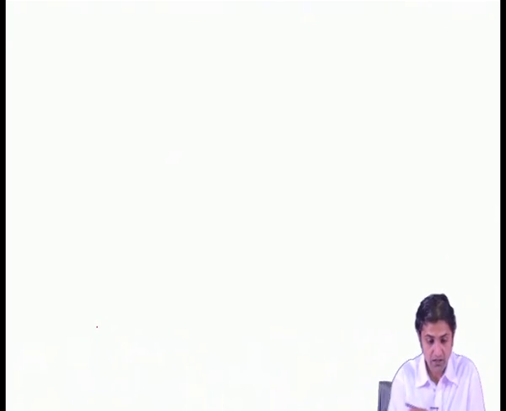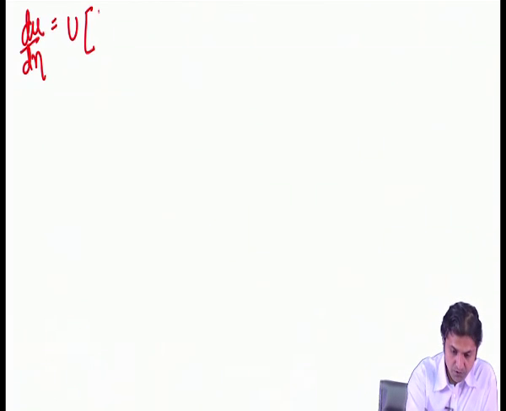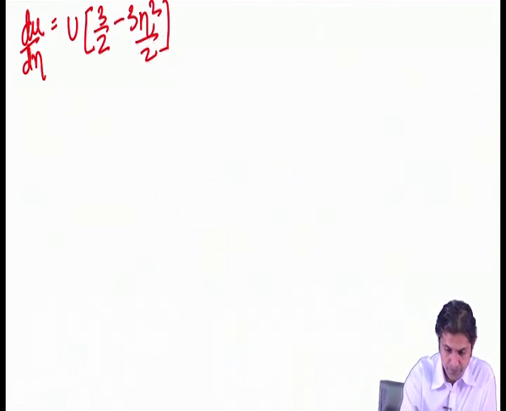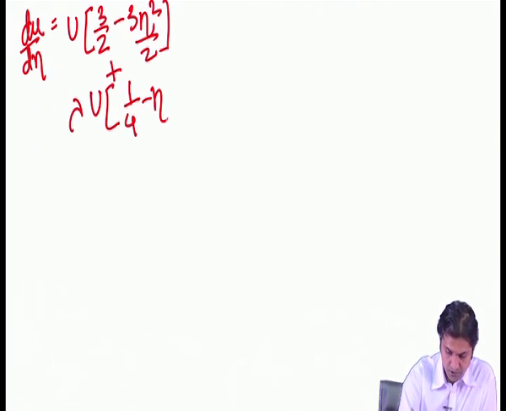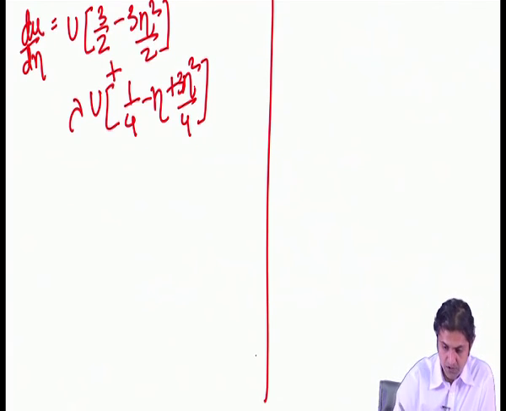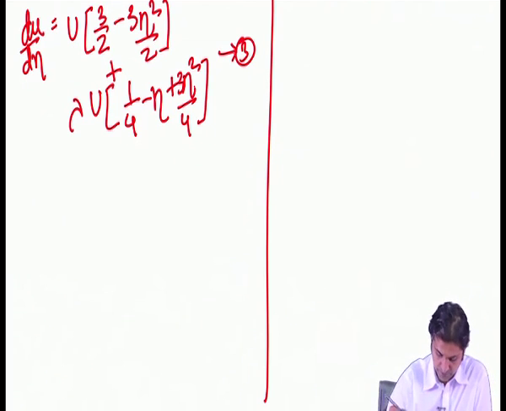So I'll just write down again. This du/dη finally comes out to be U times 3/2 minus 3η²/2, plus λU times 1/4 minus η plus 3η²/4, and this equation we call equation number 3.